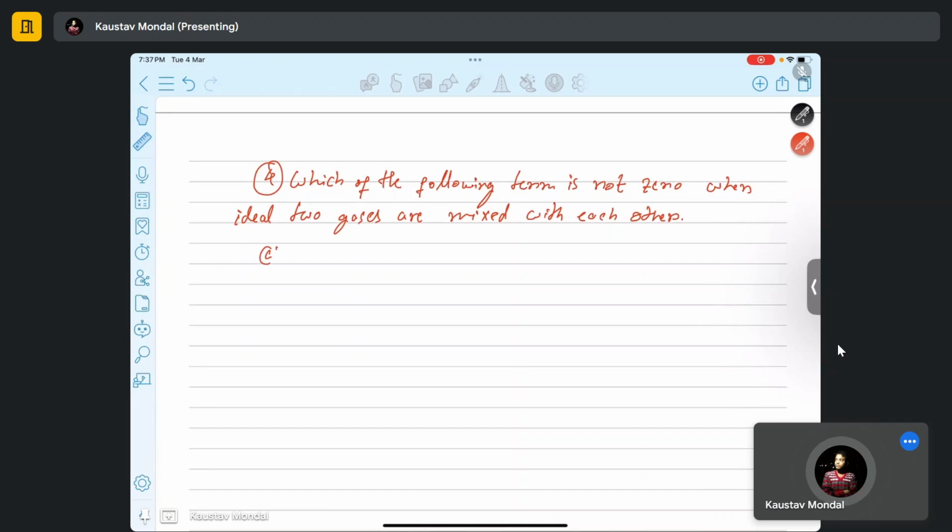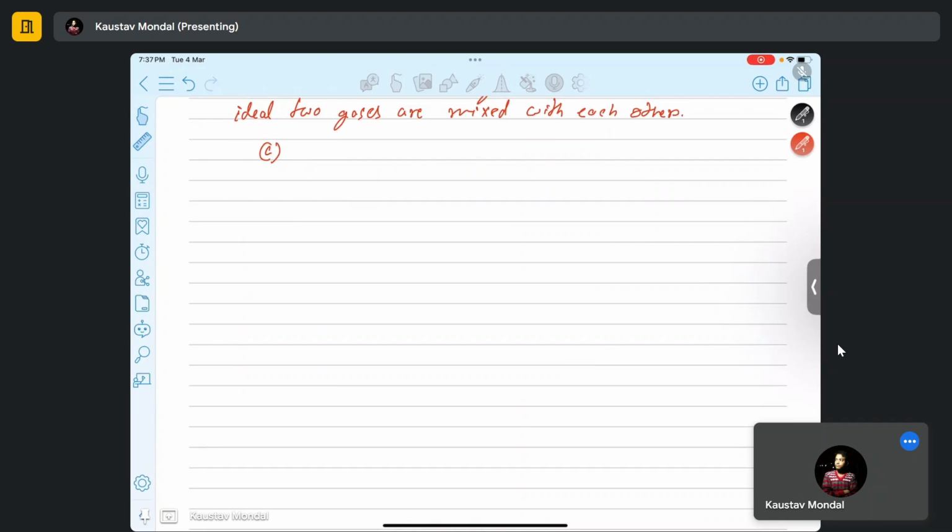Option A is delta H mix. Option B is delta V mix. Option C is delta G mix. Option D is delta U mix.